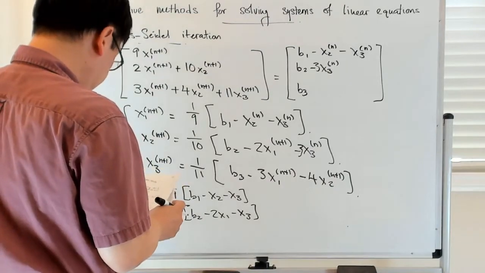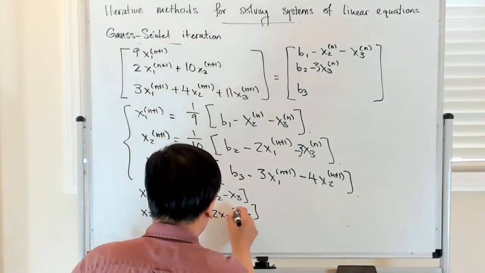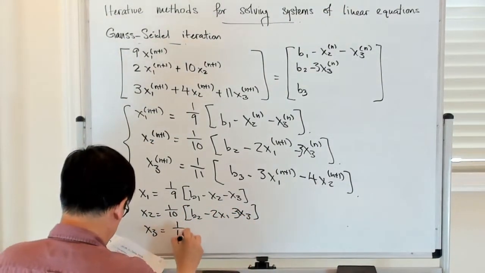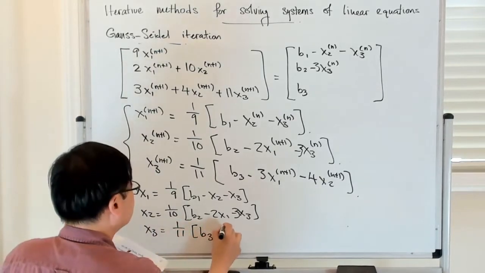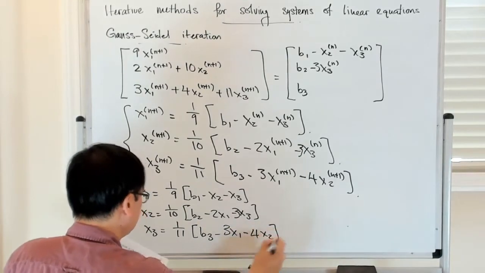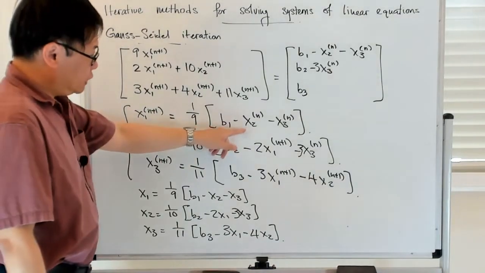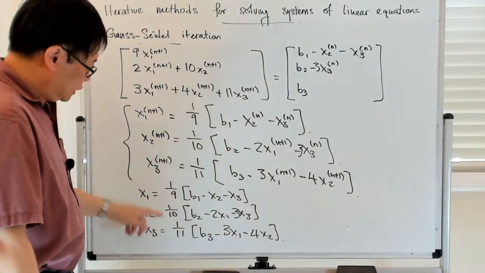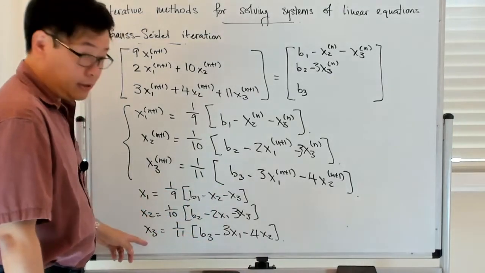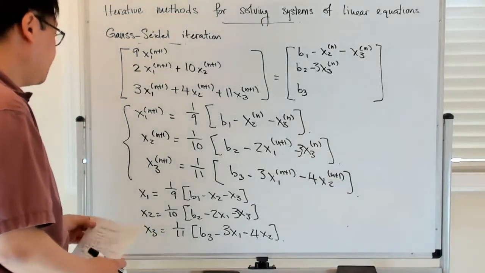And then x3 is 1/11 (b3 minus 3x1 minus 4x2). So it's easy to convince yourself that the fixed point of this iteration is still a solution of the original system of linear equations, which I've manipulated in this way.